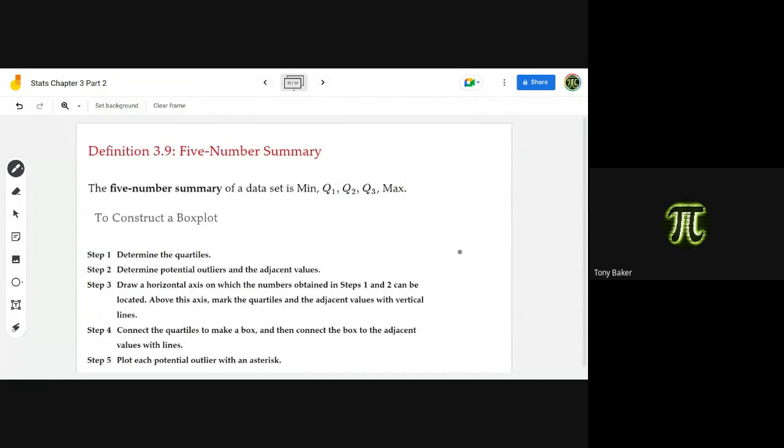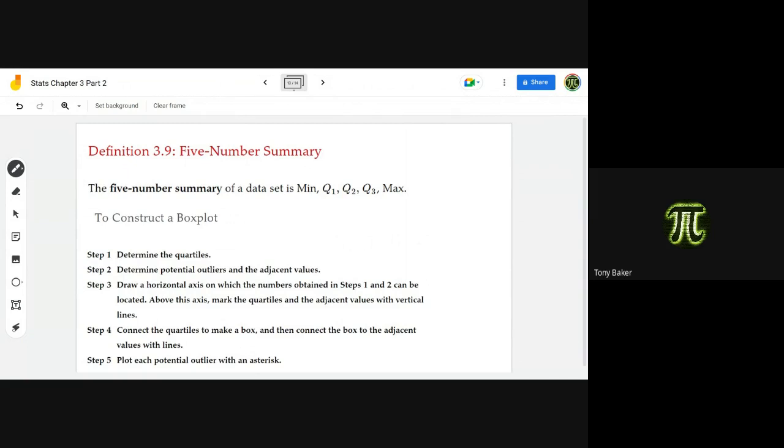And there's the exact procedure for how to create a box and whisker plot. You determine your quartiles, and determine any potential outliers. You're supposed to actually draw the number line.